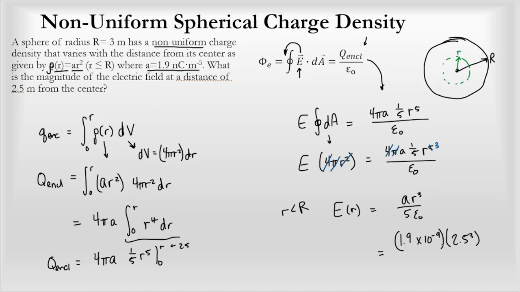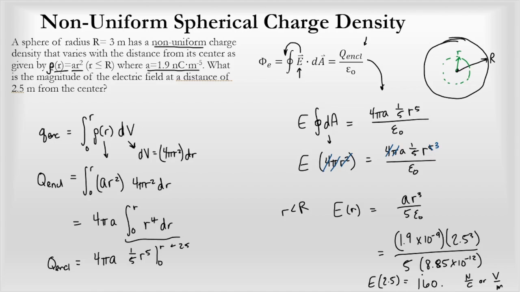Then 2.5 cubed divided by 5 times epsilon naught, this universal constant, 8.85 times 10 to the negative 12th. When you run this through your calculator, given E at 2.5, I got 160 something newtons per coulomb or volts per meter.